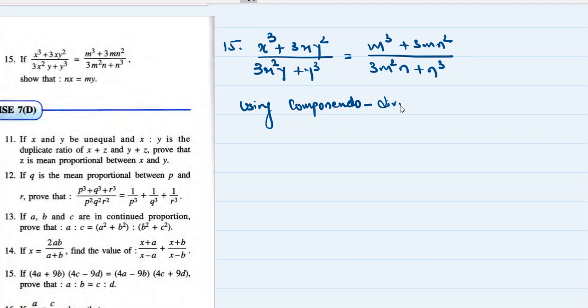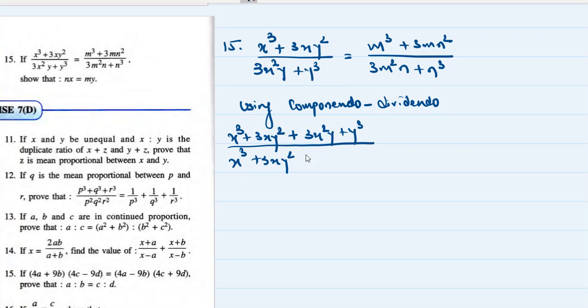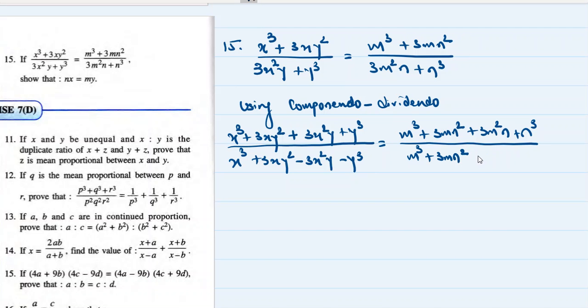Using componendo dividendo, you get (x cube plus 3xy square plus 3x square y plus y cube) the whole upon (x cube plus 3xy square minus 3x square y minus y cube) is equal to (m cube plus 3mn square plus 3m square n plus n cube) the whole upon (m cube plus 3mn square minus 3m square n minus n cube).